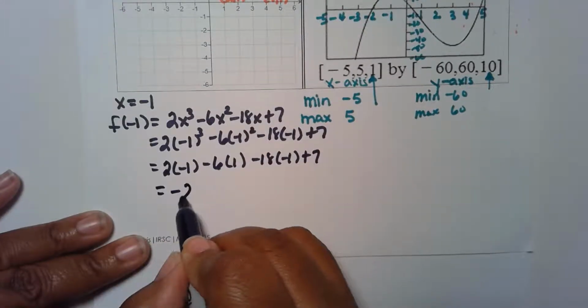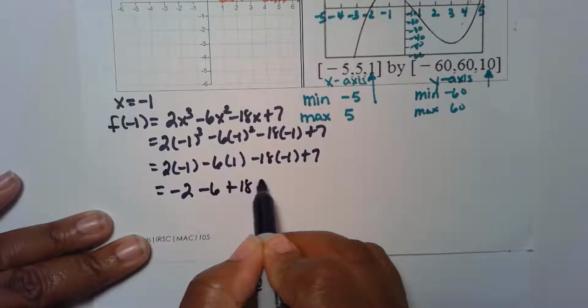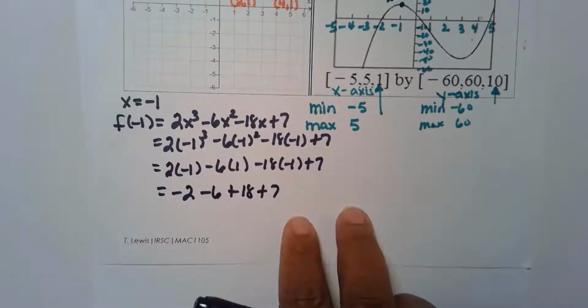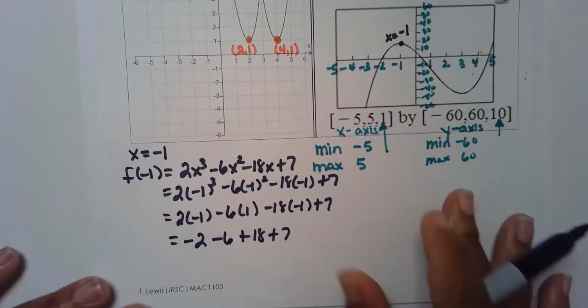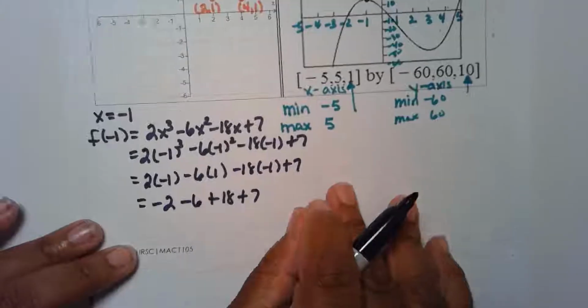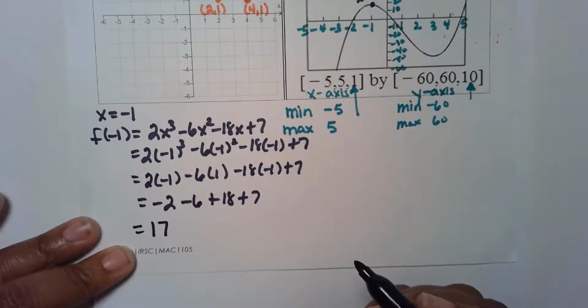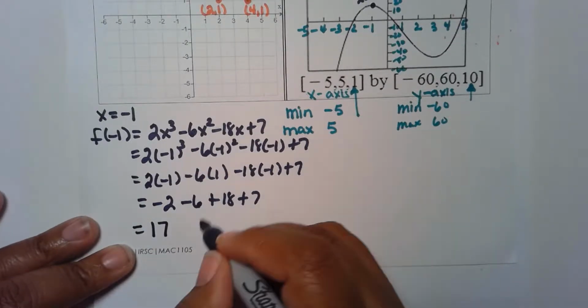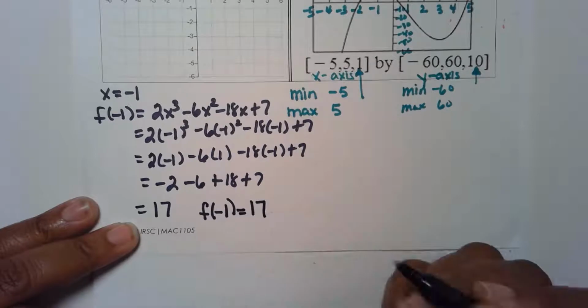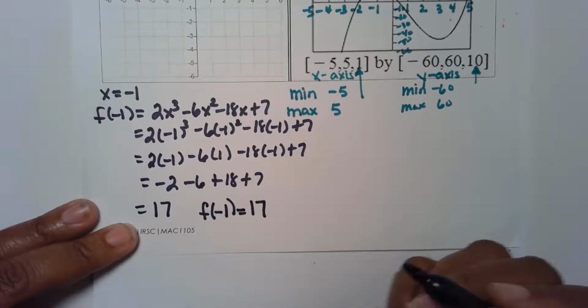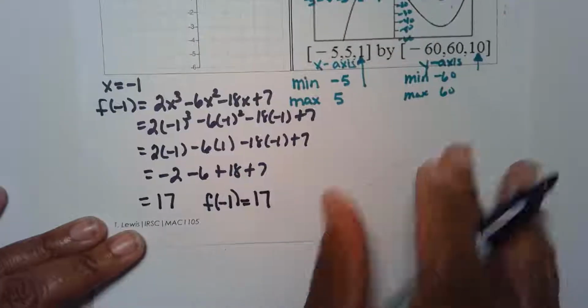And then we have -2 minus 6 plus 18 plus 7. Let's calculate that so we can find the highest y value. That gives us 17. So f of -1 is 17. That's your relative max.